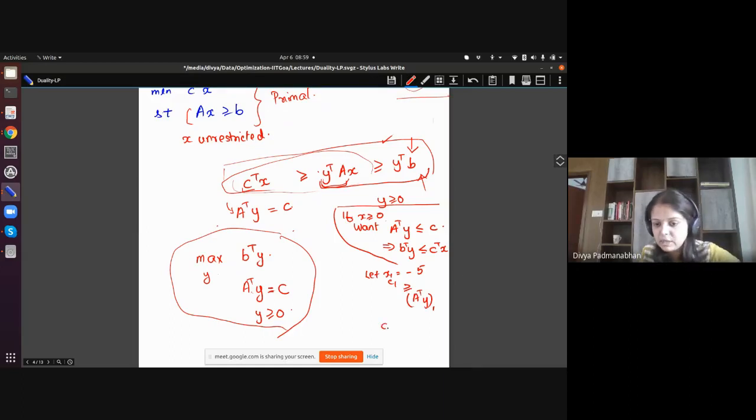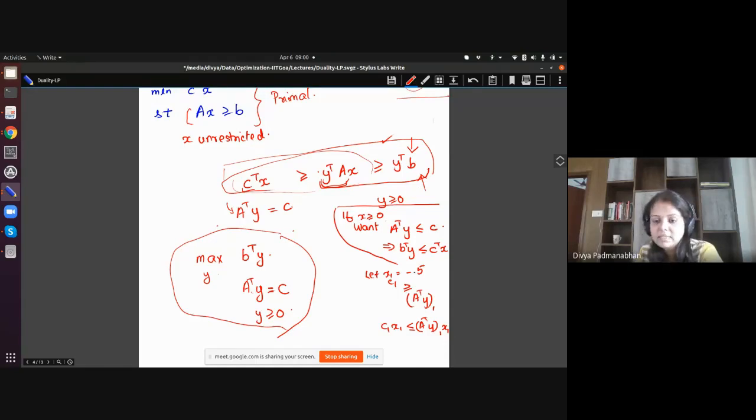So you will get C1 X1 less than the first component of A transpose Y times X1. So this is going to get violated. You're not going to have this lower bound; it's not guaranteed.